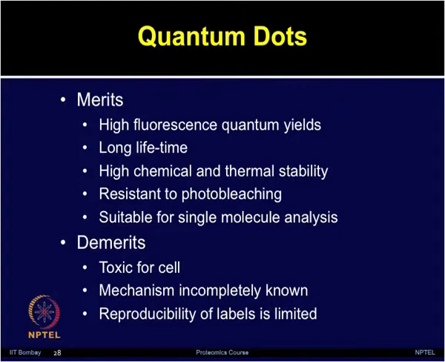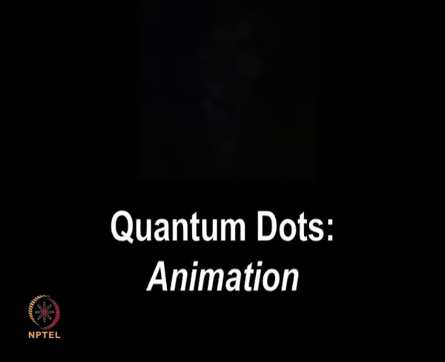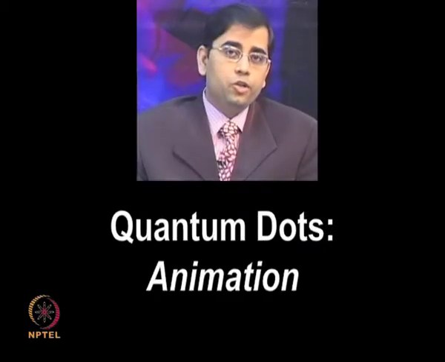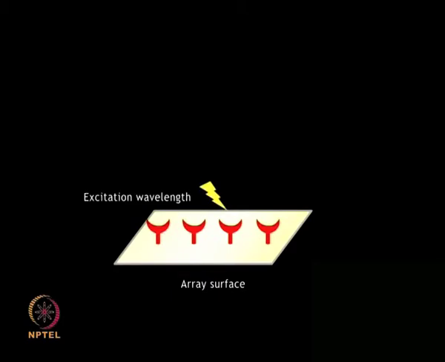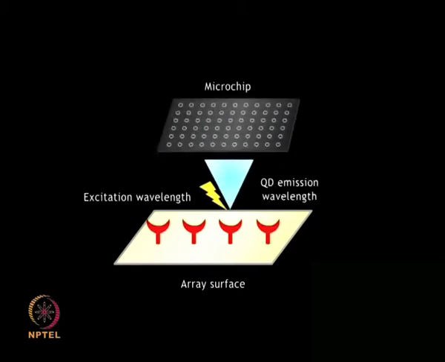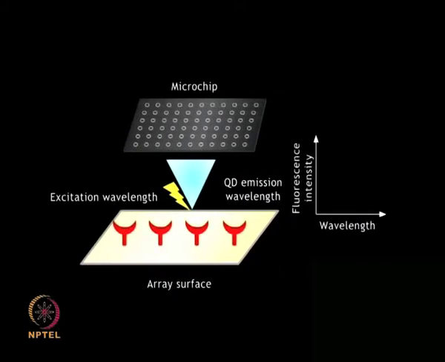So, more advanced research will definitely make them more widely applicable for different applications. Let us now look at this animation of quantum dots. The changes in the emission wavelength upon binding to the antibody conjugated quantum dots are recorded by the microchip and used for detection of various biomolecules.